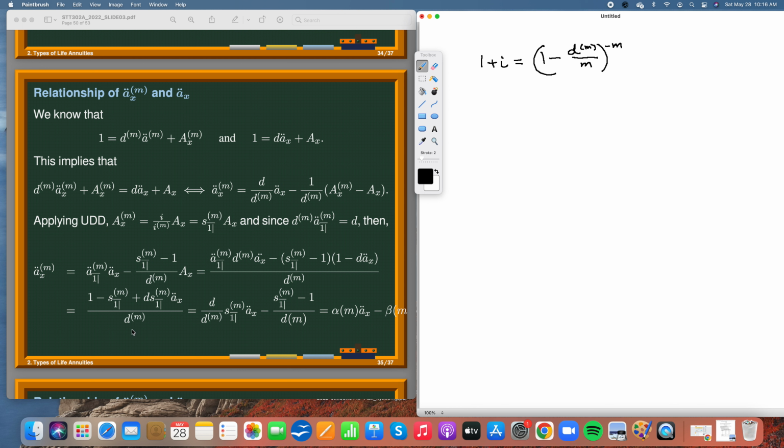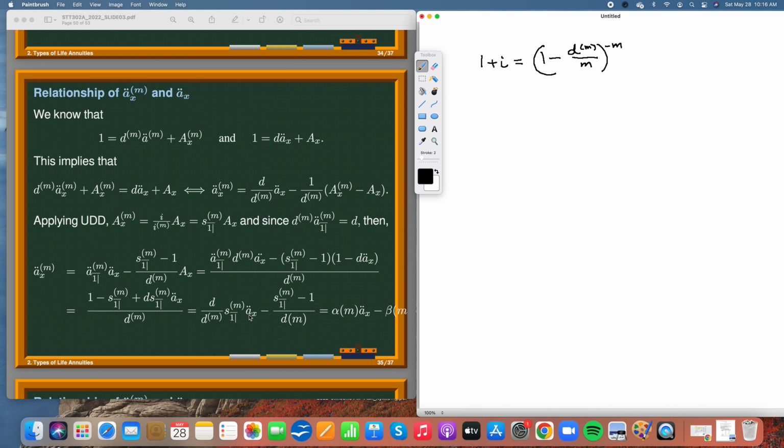This is going to reduce to the following expression. Alright? And so we can rewrite this in the following way. We start off with this, and then we have the following. And then this is what we're going to do.